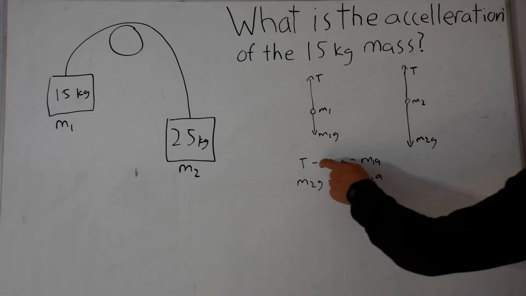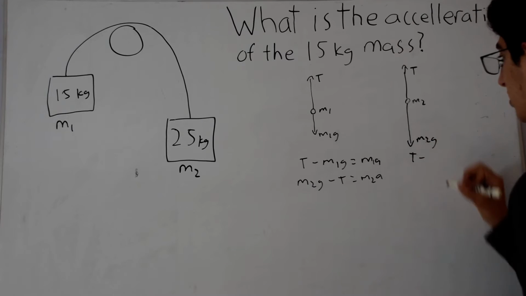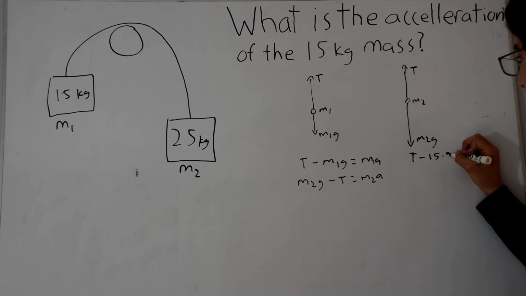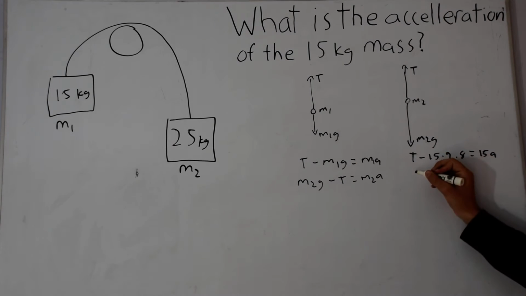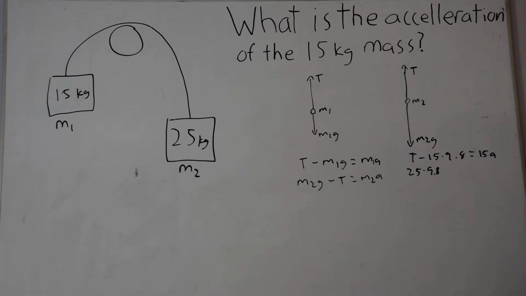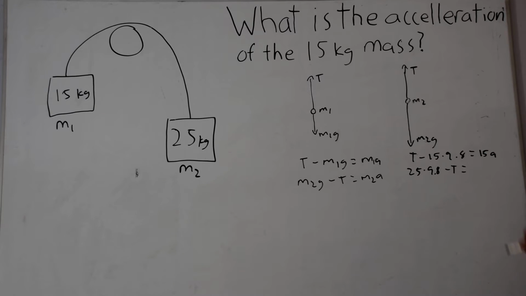Okay, so now that we have the system of two equations, let's plug numbers in. So this tension remains a variable, so tension minus M1, which is 15, times G, which is 9.8, equals 15a. And here M2G, which is 25 times 9.8, minus tension equals 25a.